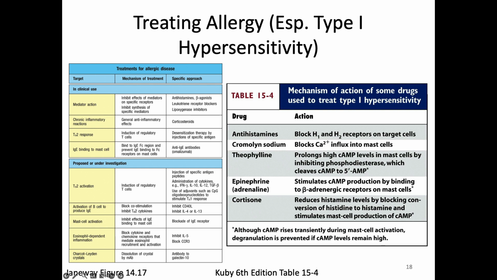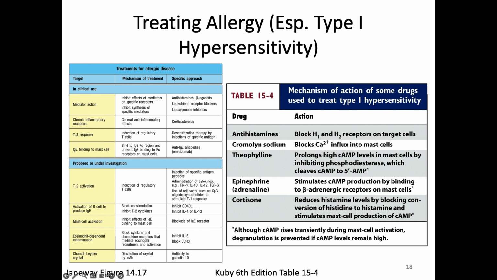So you can see there are a whole bunch of different things one can do to treat allergies. Some are listed here as being more in clinical use. Some are things that are proposed or under investigation.